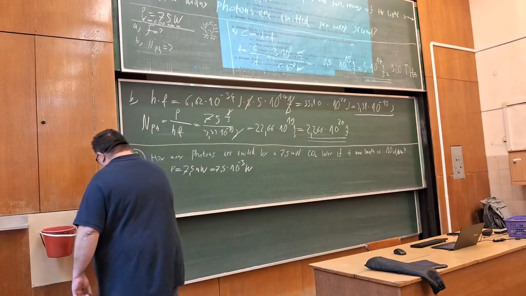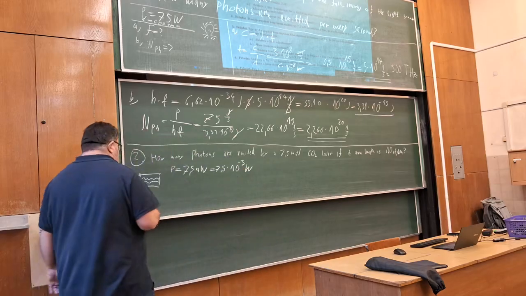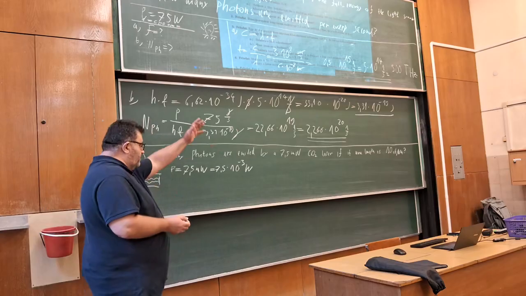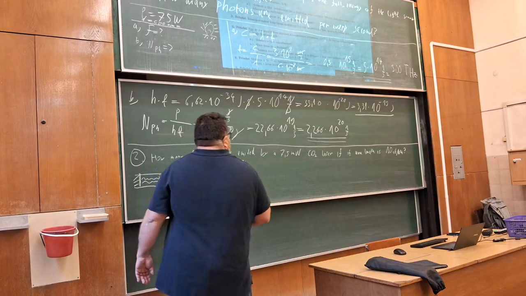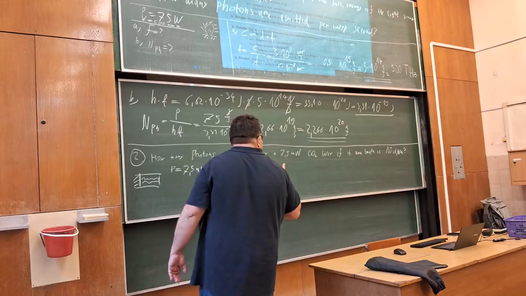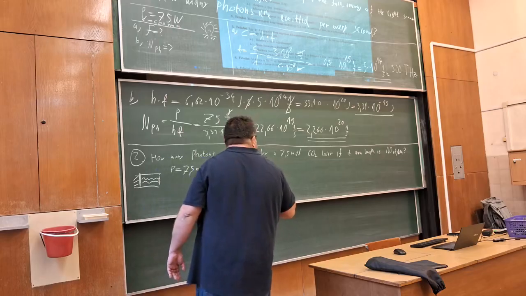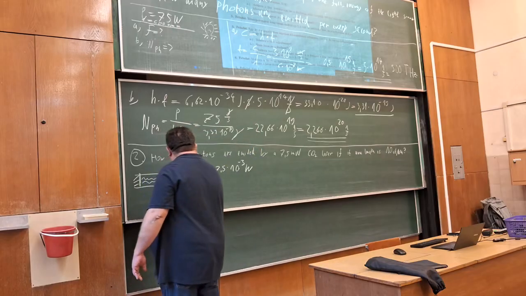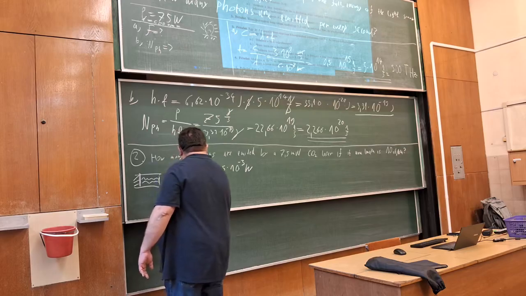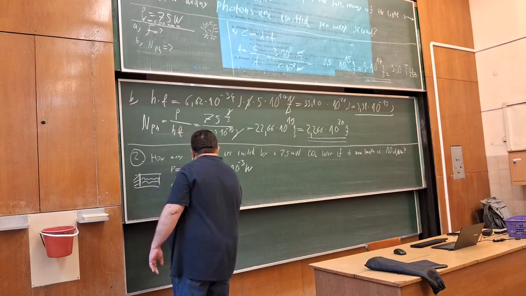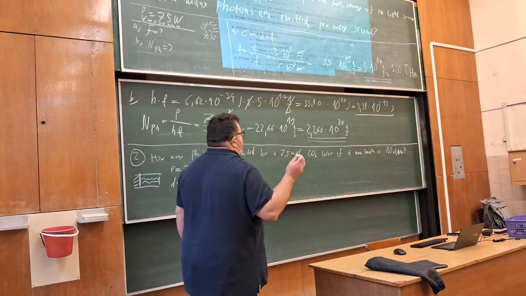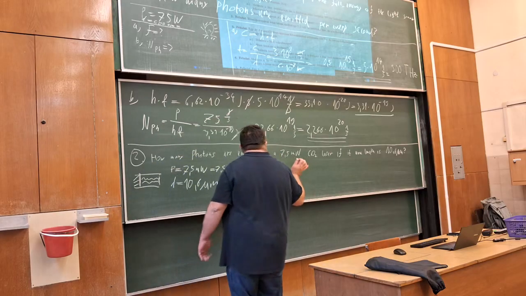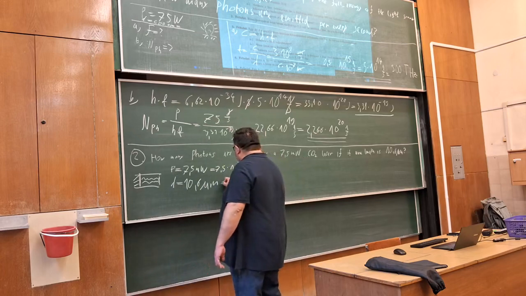I need the change because we don't use microwatts and micrometers and other stuff. The wavelength is... micro means 10 to the minus 6.